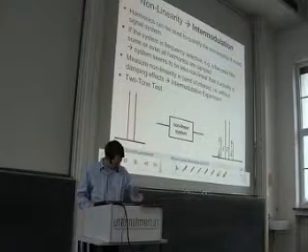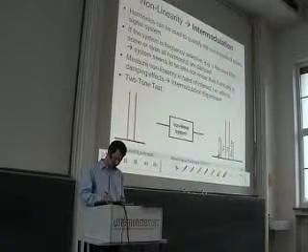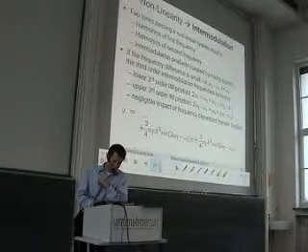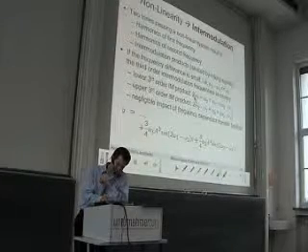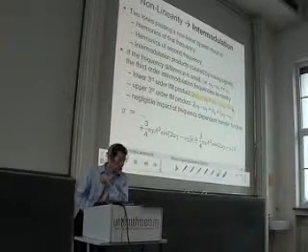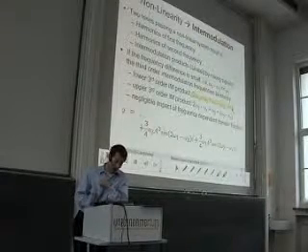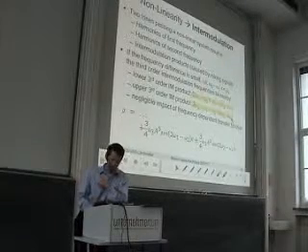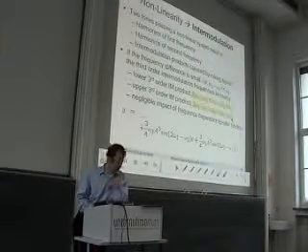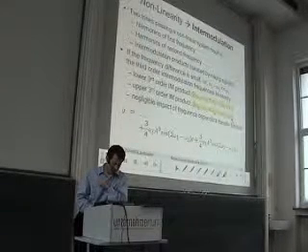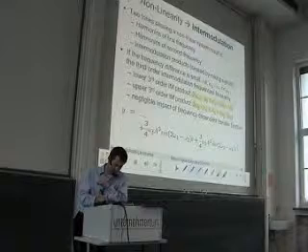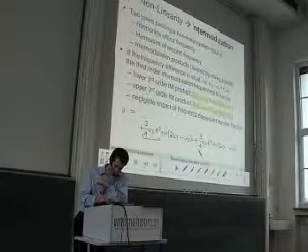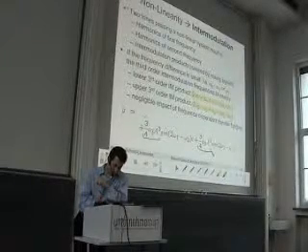Well, how do these components look? As I already said, the lower third order intermodulation product is 1 delta omega below the first tone, and the second third order intermodulation product is 1 delta omega above the second tone. And these are these two components, and you can see here they scale with the third power of the amplitude of these two tones.